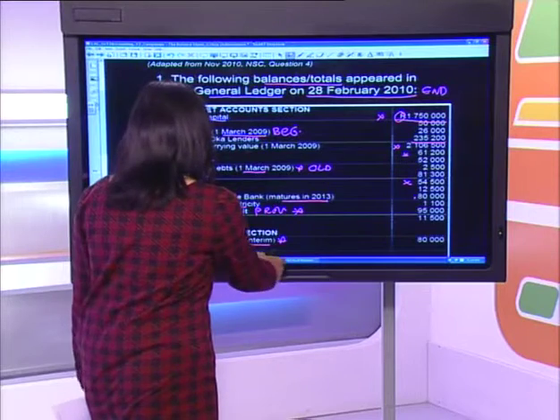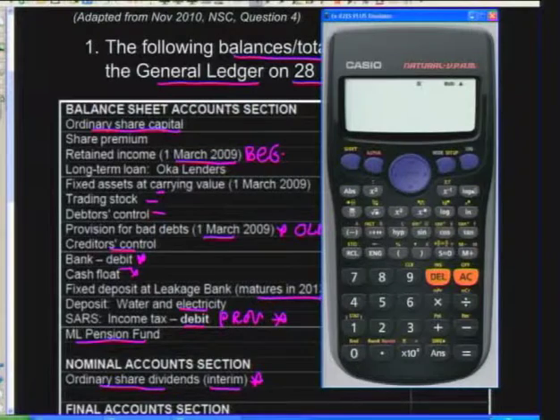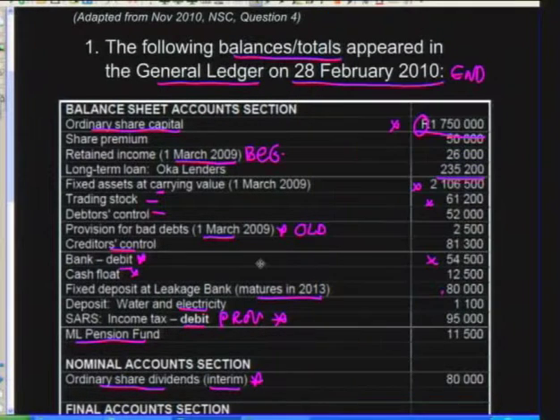So let's get our calculator out and let's do exactly that. 1,750,000. Okay, and I'm going to divide that by 2 Rand to get number of shares issued, which is 875,000. So let's go back to our calculation.